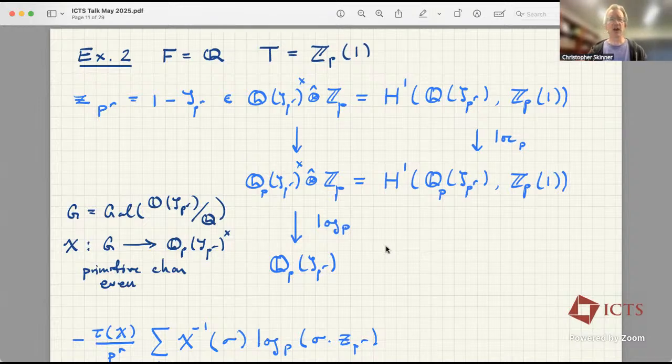Kummer theory describes this cohomology group in terms of the multiplicative group of the field Q(zeta_{p^r}), and I'm going to write down just a simple element there, 1 minus zeta_{p^r}. So this gives me a class in cohomology. I can look at the same Kummer theory locally, so I just take the restriction. And I can take the p-adic log of my element.